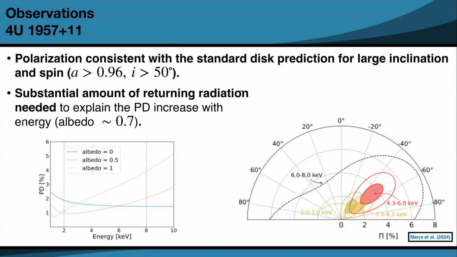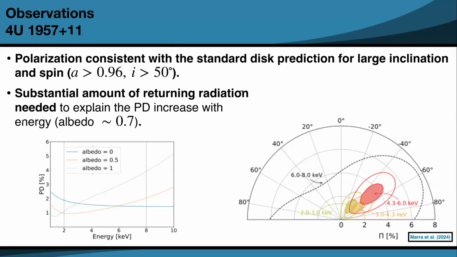But we have to assume that returning radiation has a substantial contribution in determining the spectral and polarization properties of this source. That's in fact a prediction from the standard model for 3 possible values of the albedo, which is basically the amount of returning radiation that is reflected towards the observer, meaning that with albedo 0, we don't have returning radiation.